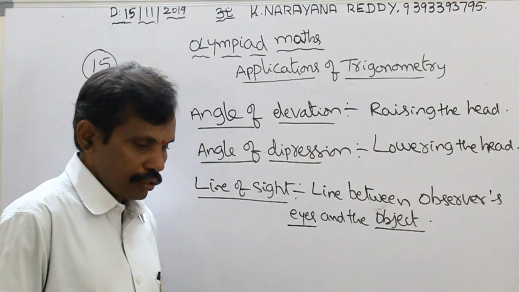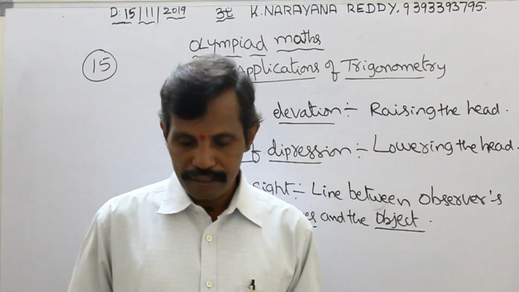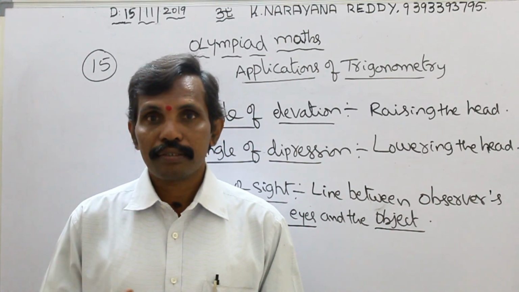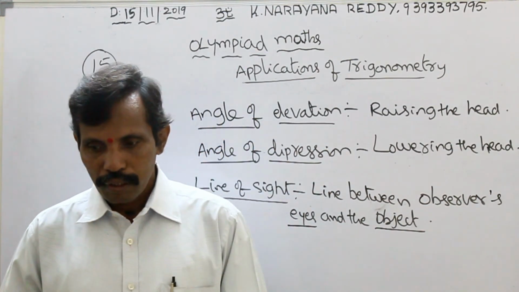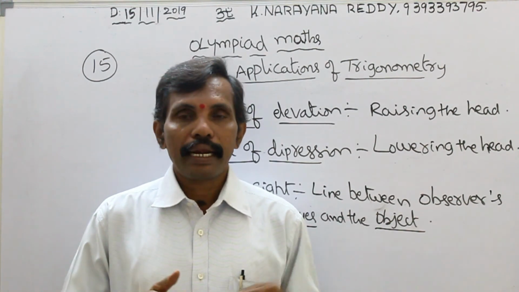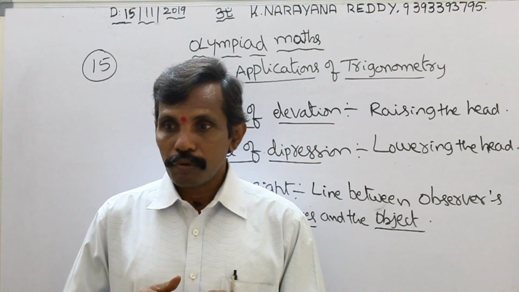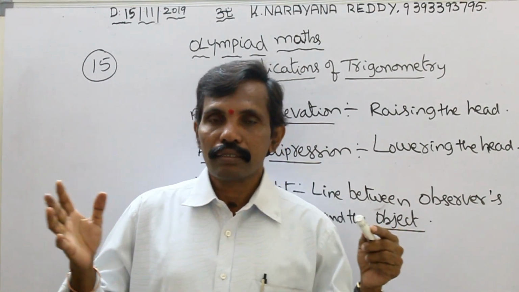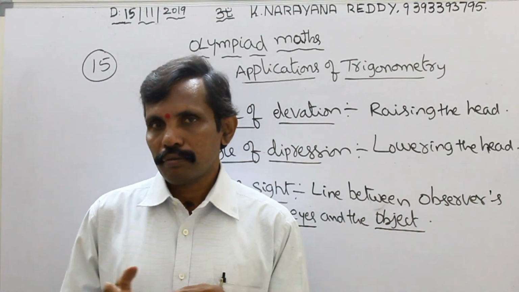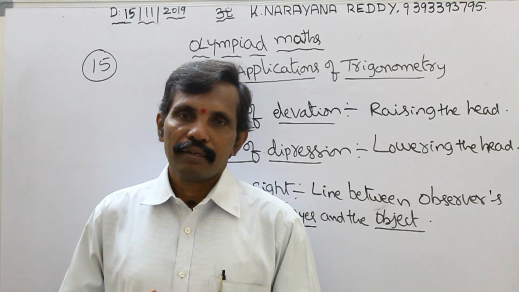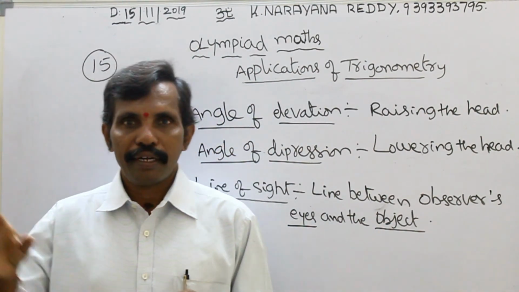Trigonometry can be used in so many places. Those are applications like aerospace and also in space, like ISRO, and also in the military, and to find the height and distances, to find the height of buildings and so on. So this trigonometry can be used in many places. Those are applications of trigonometry.